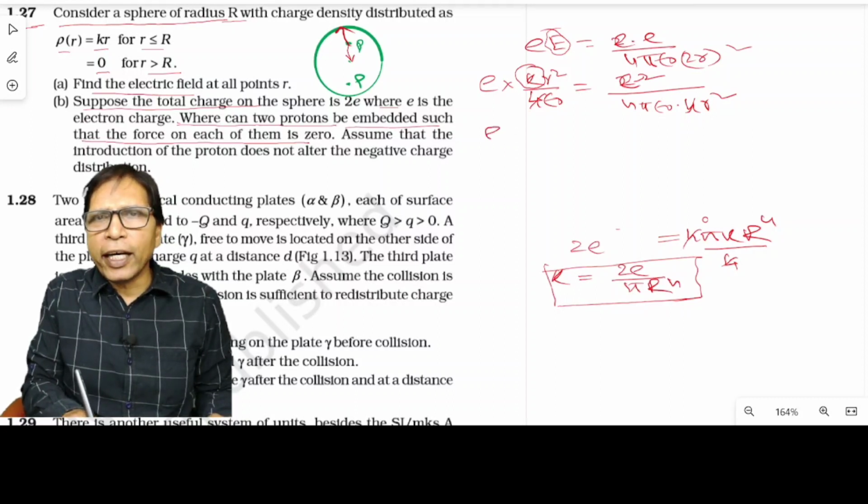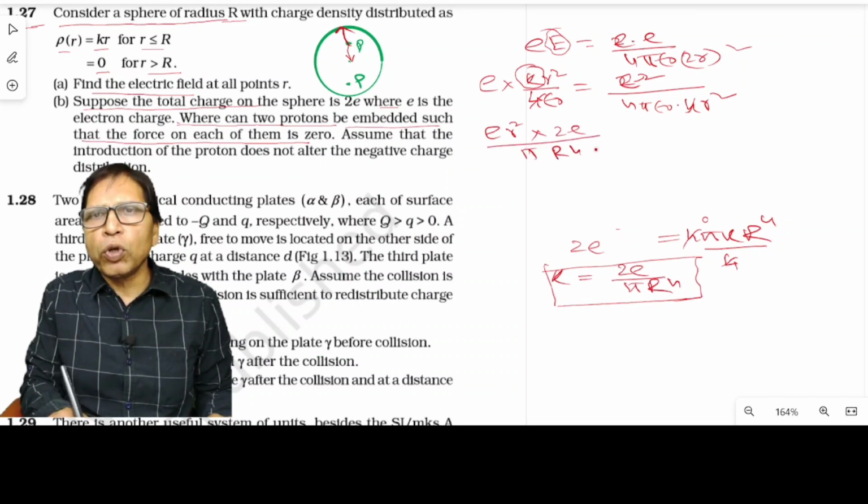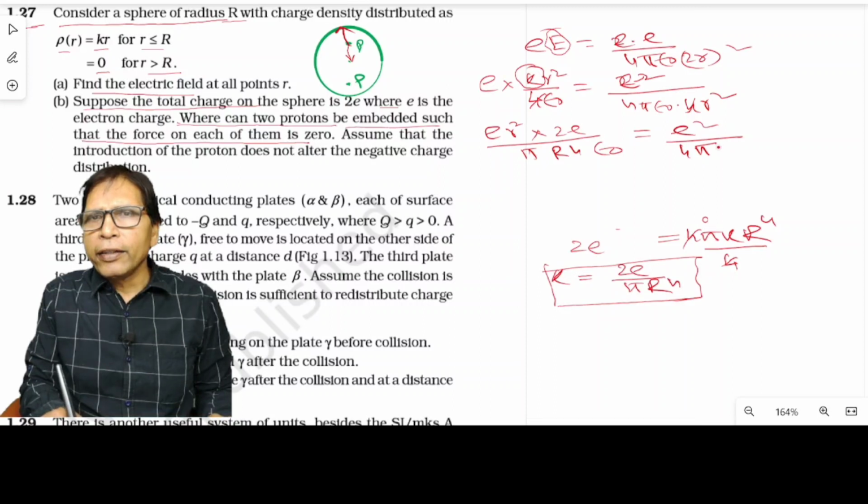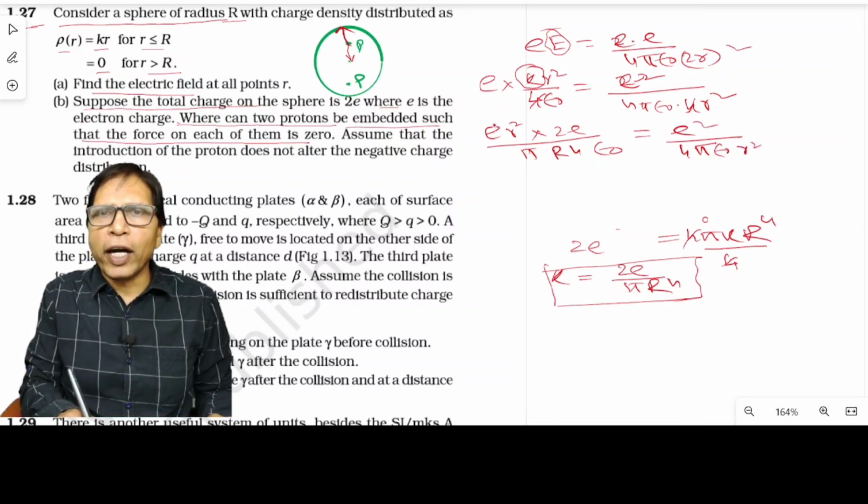So look at this, this is E into r square and k is 2E divided by pi r to the power 4 into epsilon naught equal to E square by 4 pi epsilon naught into r square. Look at this, E and E square cancel out, pi cancels out, epsilon naught also cancels out.